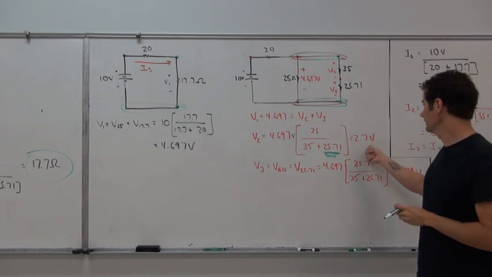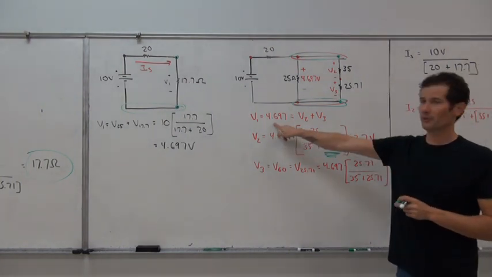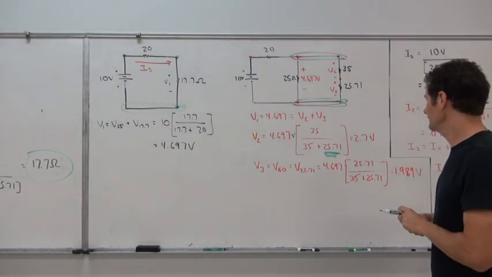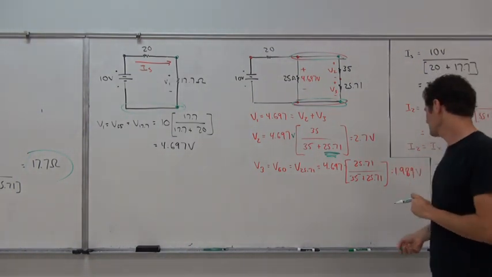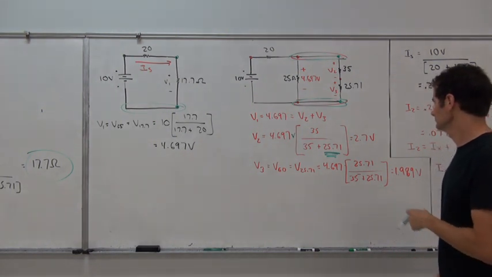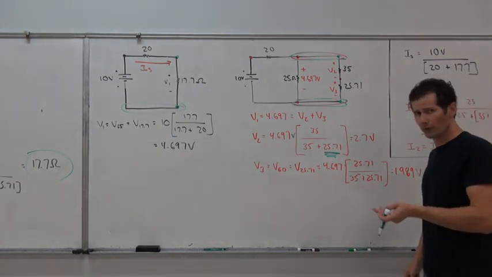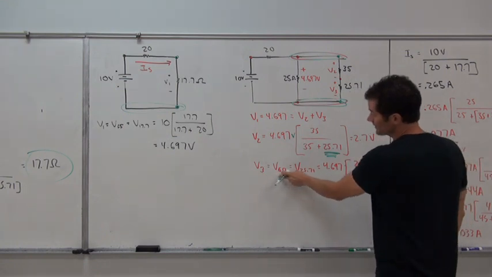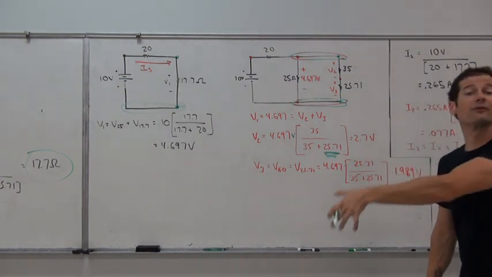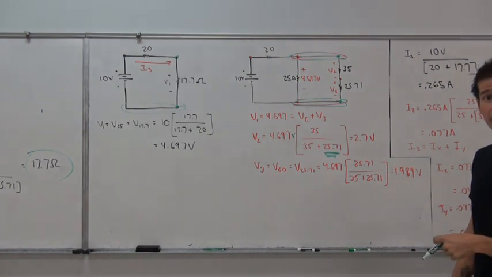So the remainder of 2.7 from 4.697 should give us a value. If we simply subtract that off, we could easily find V3, and it should give us roughly 2 volts. Let's see if that works with voltage division. So V3 is equal to V60, and that's also going to be the same as the voltage across that 45 ohm resistor, right?